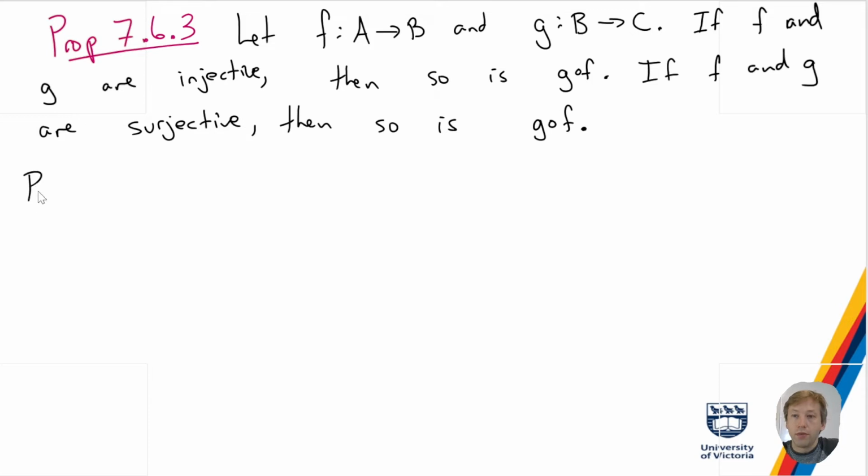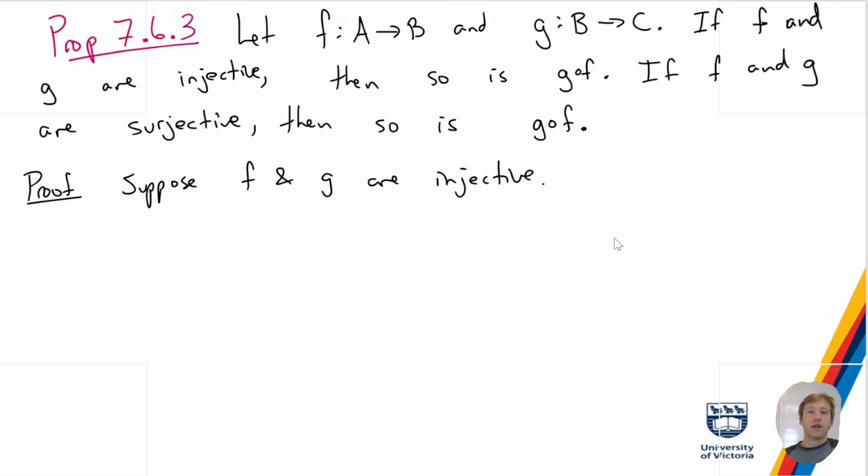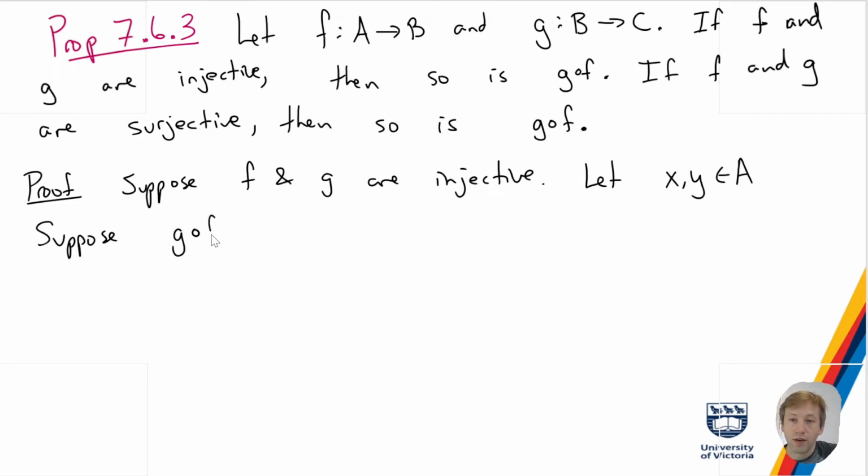Okay, so proof. Let's prove the first statement: if f and g are injective, then so is the composition. So suppose f and g are injective. Now let x and y be in A, which is the domain of the composition of f and g, and suppose that the composition applied to x is equal to the composition applied to y.